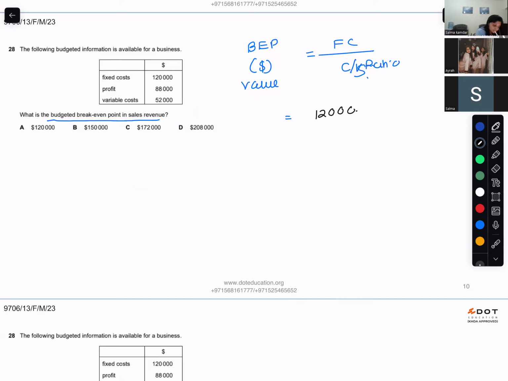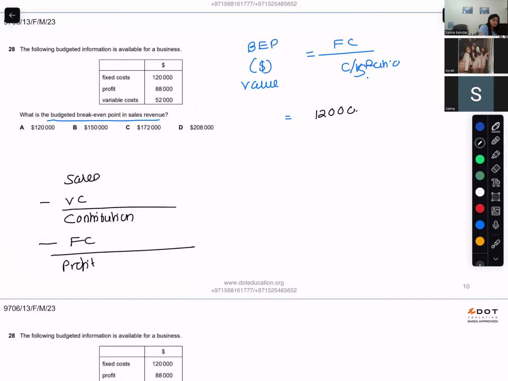Contribution isn't given to us, so we'll have to calculate it. Profit is given and fixed cost is given. So I'll have to add 88,000 plus 120,000. Variable cost is 52,000.